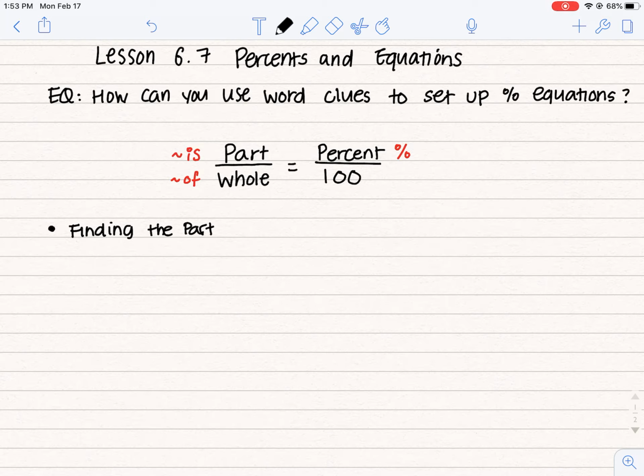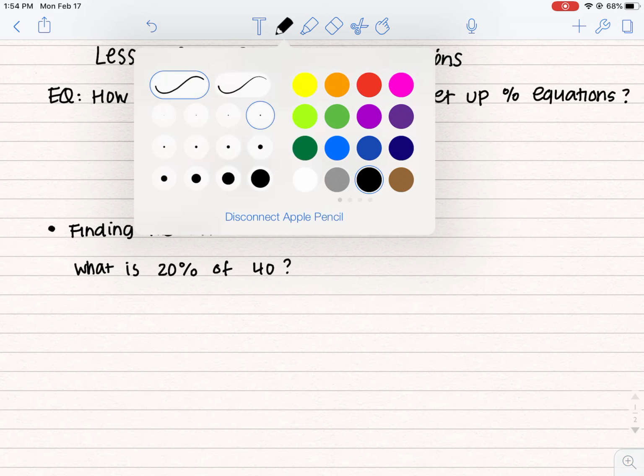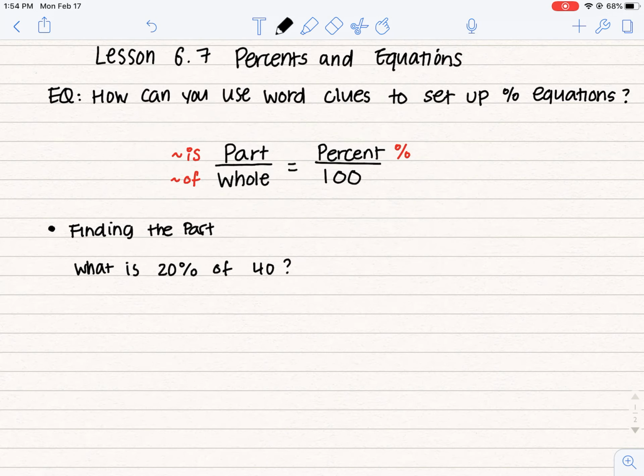Whenever you have a question where you have to find a part, you're going to see something like this. What is, let's say, 20% of 40? Now, what you're going to do is set up the equation. Let's see what information I can use first.